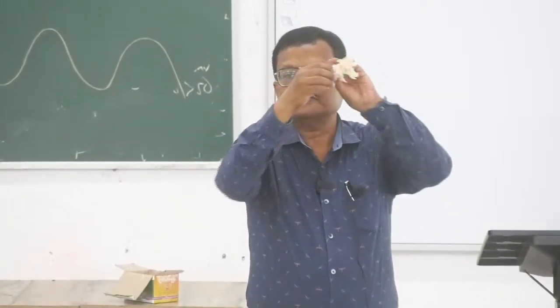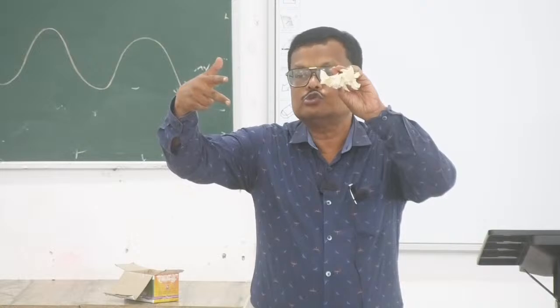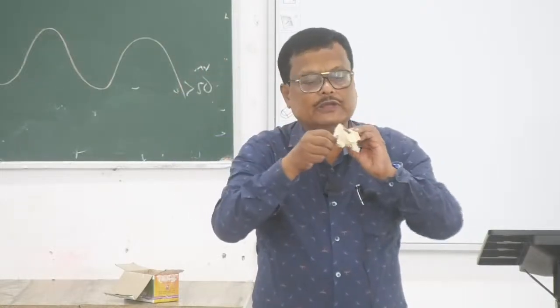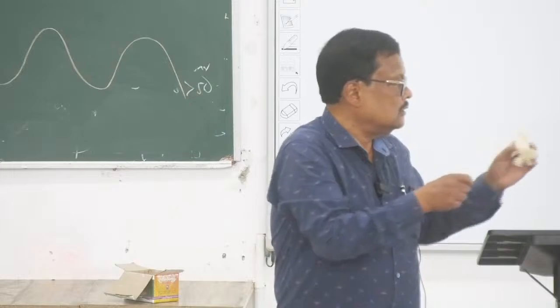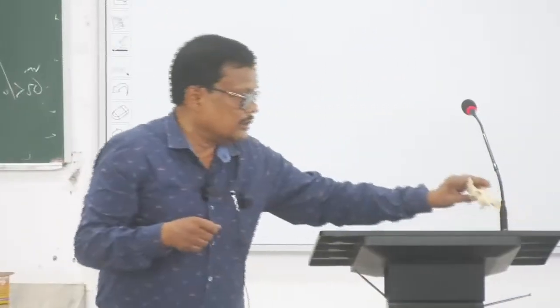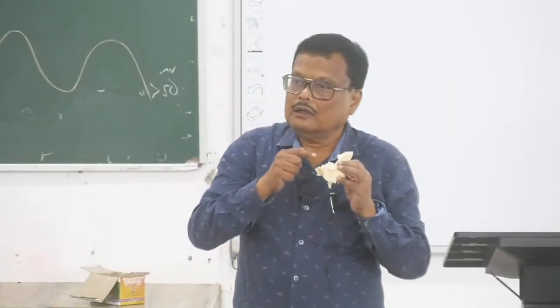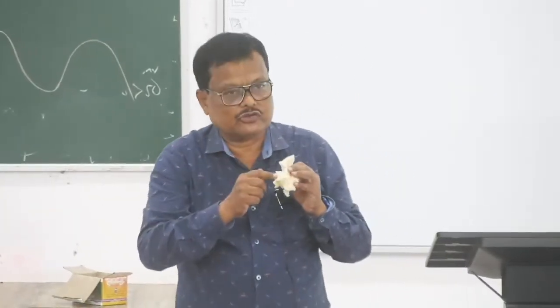This canal is between the two roots of the lesser wing. In the skull, it lies backwards. So the optic canal represents the apex.